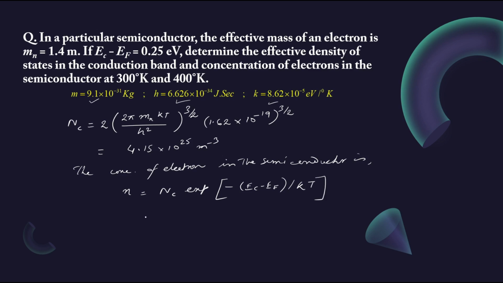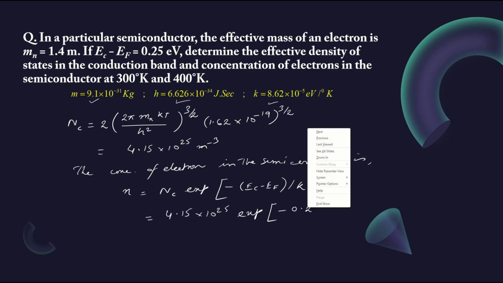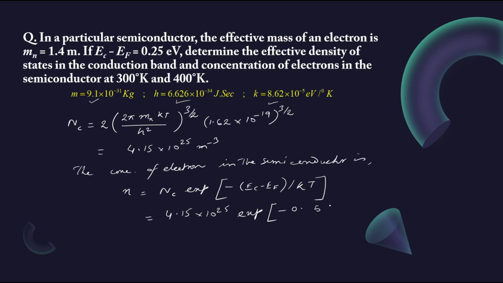The value of Nc we have already obtained, 4.15 into 10 to the power 25, then e to the power: EC minus EF is already given, which is 0.25 electron volts, divided by kT.